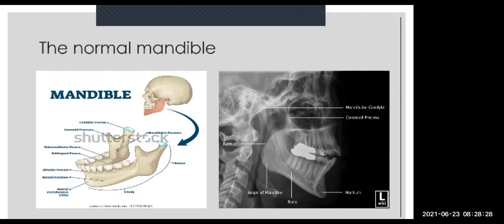The jaw follows along here, and it should slot into your temple with the TMJ like that, and then your coronoid fits in underneath, just under the zygoma on that side. So we just wanted to have a look at the normal, and then let's have a look at an X-ray.